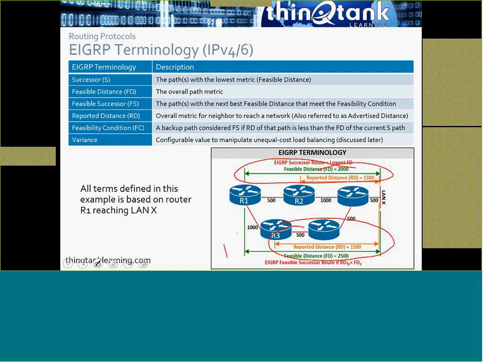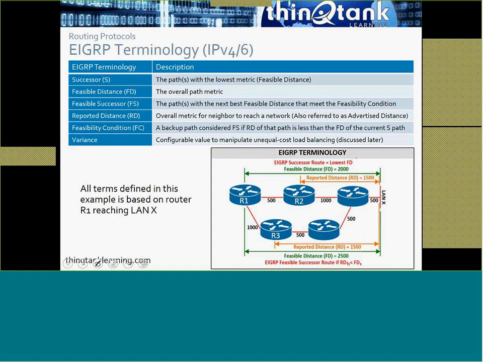So this path is a feasible successor, as long as the reported distance of the backup path is less than the feasible distance of my primary path. Remember, feasible distance is the whole metric. Reported distance is the metric for my neighbor. If the reported distance is less than the feasible distance of my primary path, then it is a valid backup path. Okay?